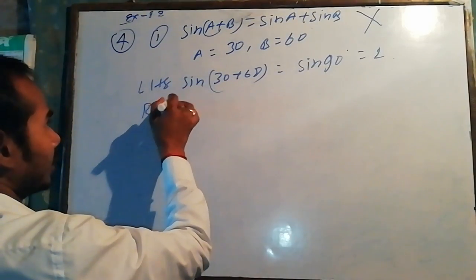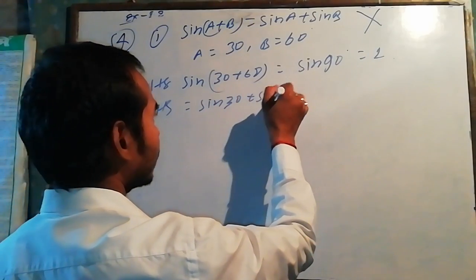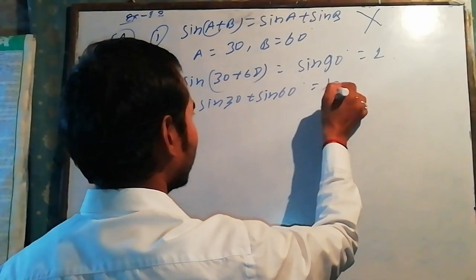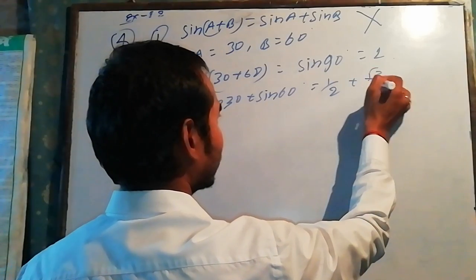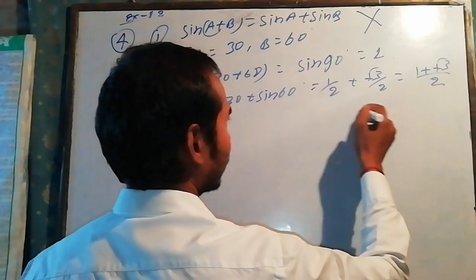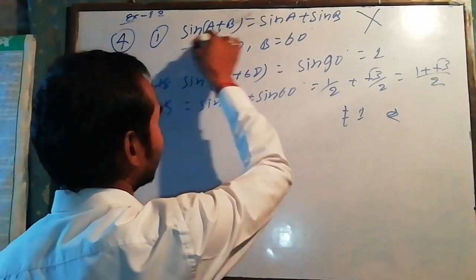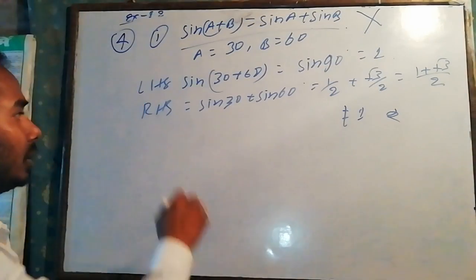In RHS, sin 30 plus sin 60 is 1 by 2 plus root 3 by 2, which is (1 plus root 3) by 2, not equal to 1. So this is not true, it is false.